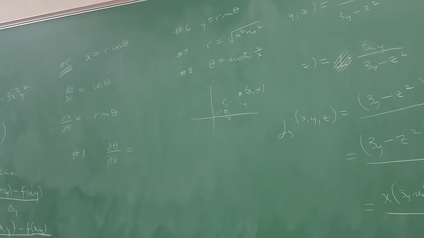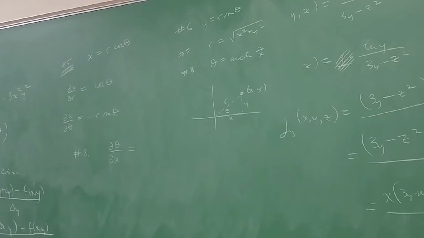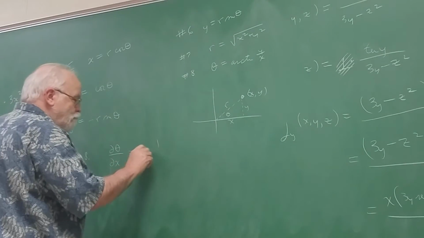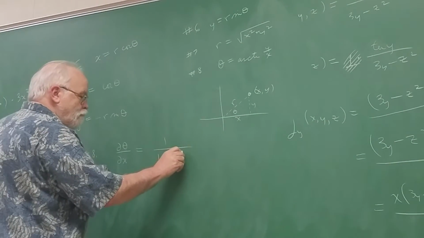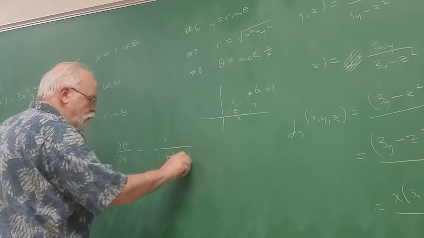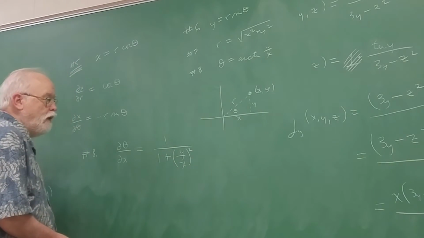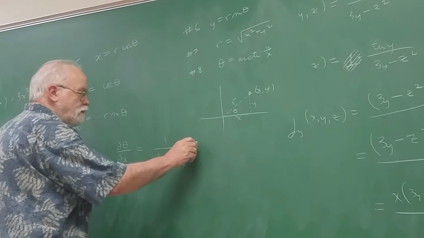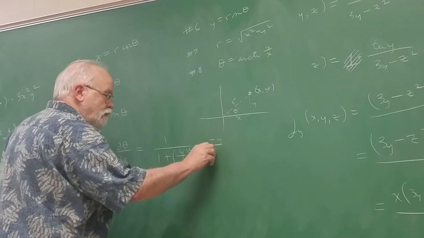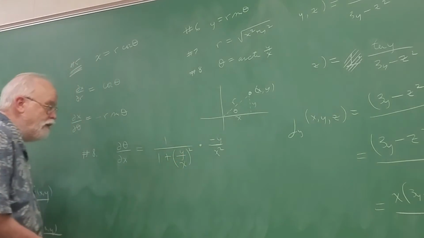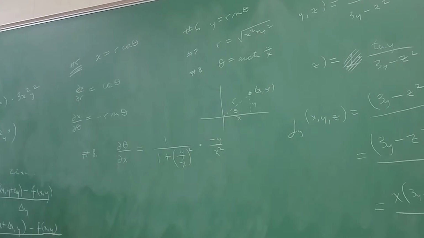That's going to be 1 over 1 plus y over x, squared. And I assume you mean the whole thing is squared. Right. Times negative y over x squared. Very good. Just rattle it right off.